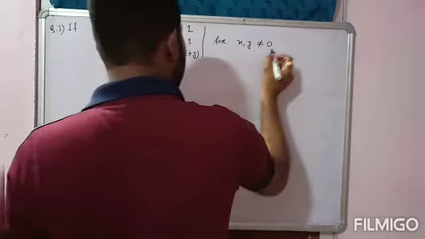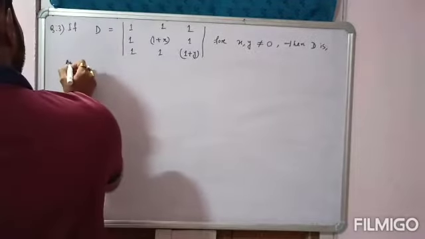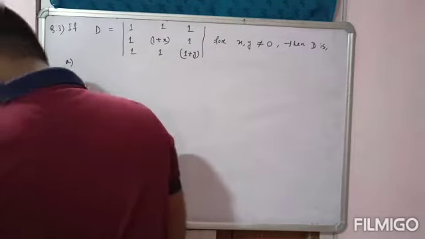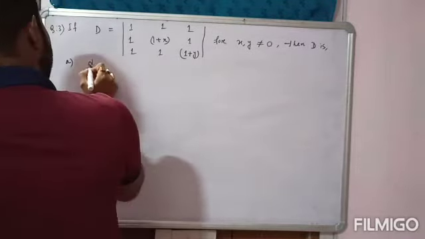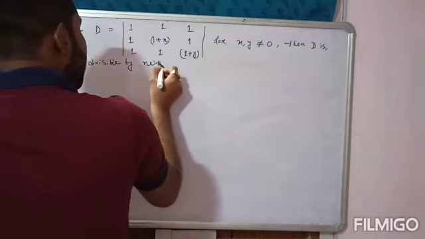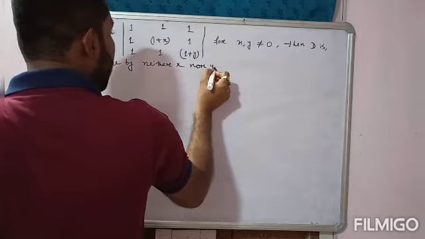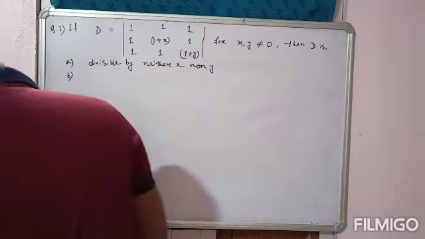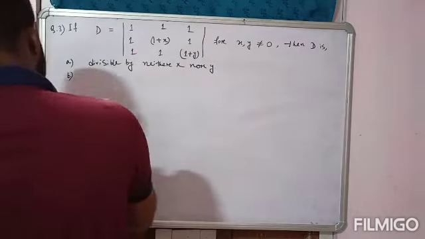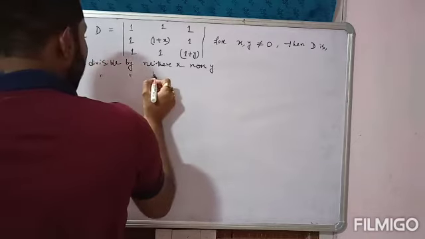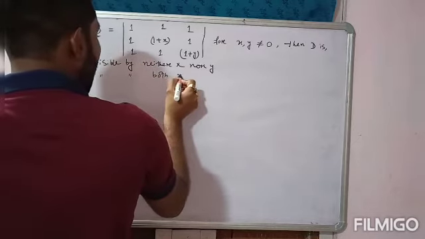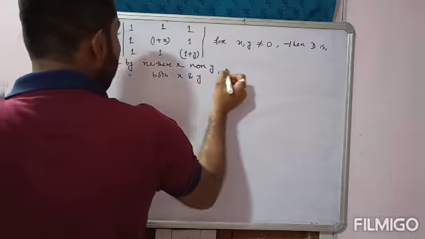D is: the first option, divisible by neither x nor y. Second option, divisible by both x and y.